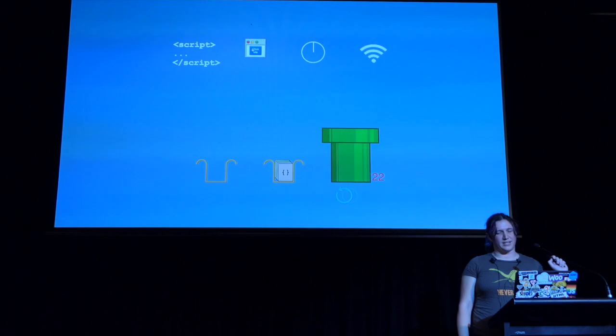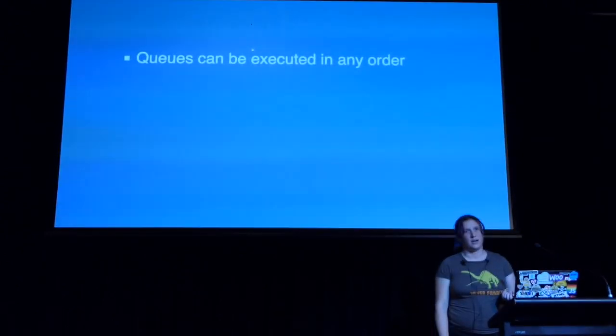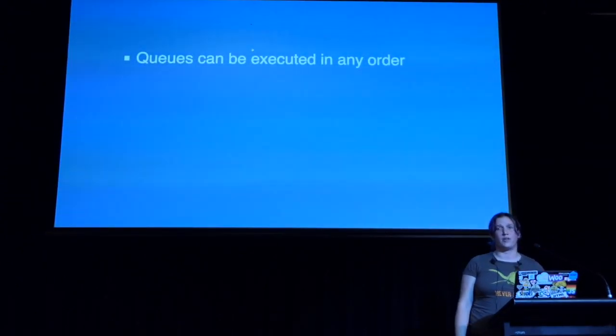So it doesn't have to work exactly like this. Browsers are allowed to execute queues in any order they want. We could have had three tasks off the first queue and then one off the other queue. The order of the queues is completely up to the browser. But there are some rules.